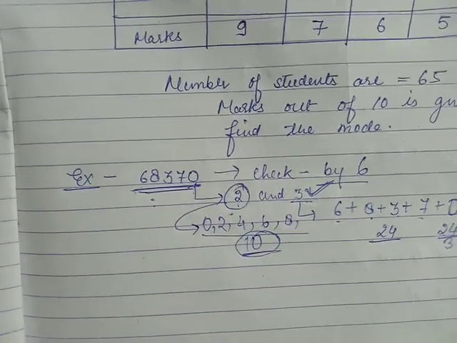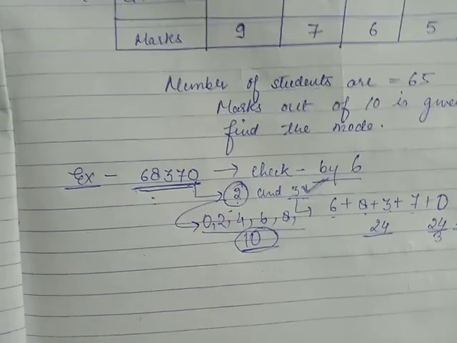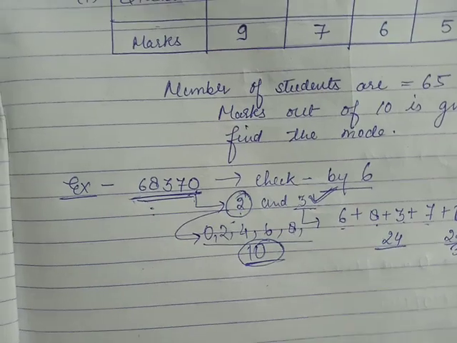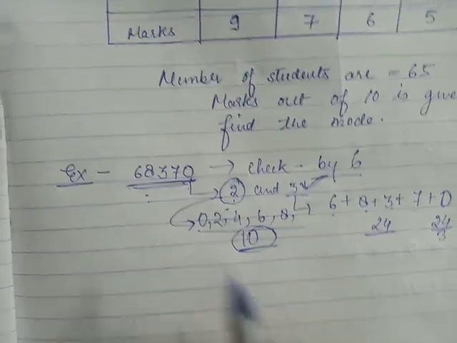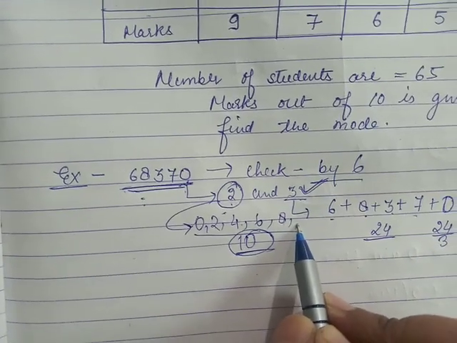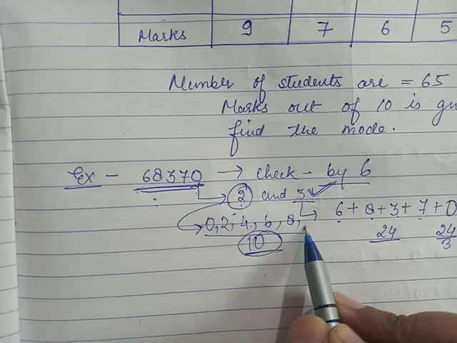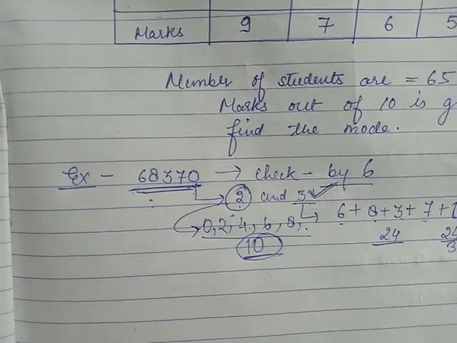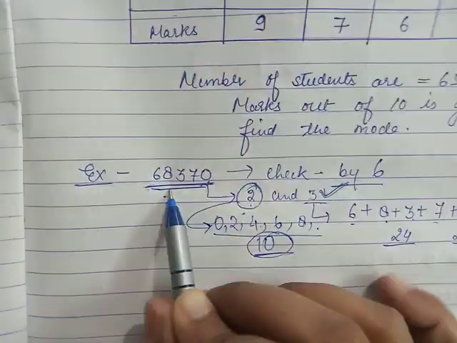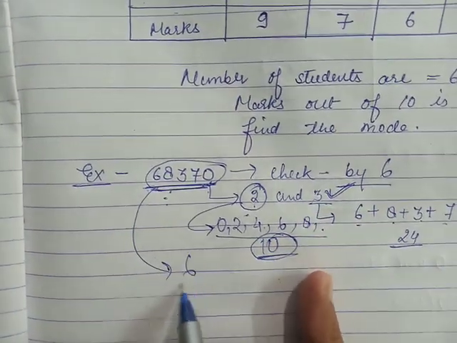The other method of test of divisibility by 2 is to check that the unit place has 0, 2, 4, 6, 8. That means there should be an even number in the unit place. So you can see that this number is divisible by 2 and 3 both. So this will be divisible by 6 also.